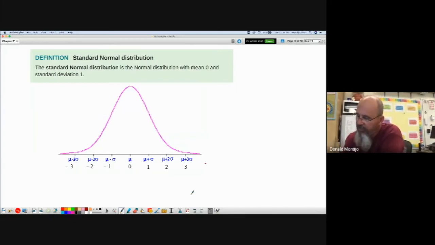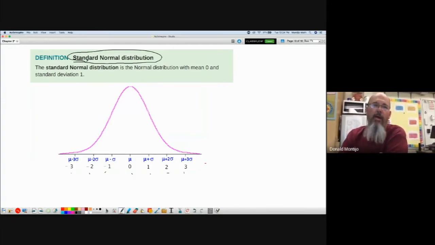Now, why do we have the 0, 1, 2, 3, negative 1, negative 2, negative 3? Because this is a special normal distribution, which is called the standard normal distribution. When we standardize a value, we put it on a scale so we can compare apples to oranges, so to speak.